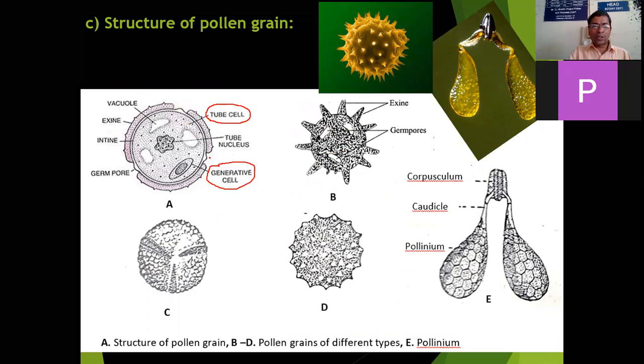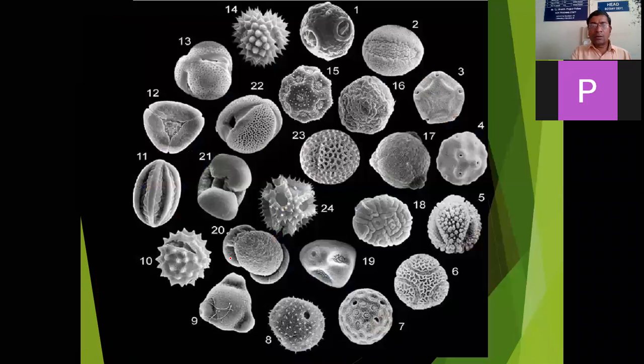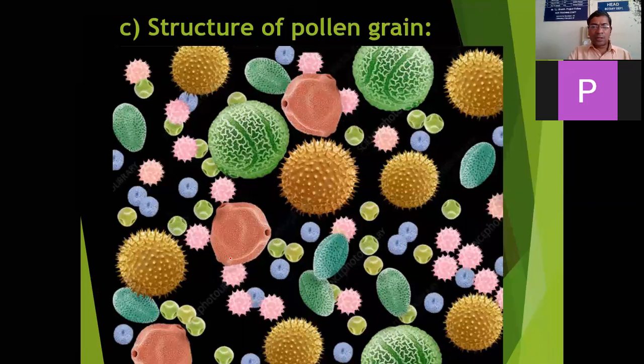Here in this pollen grain also you will observe the presence of three pores. In some pollen grains, for example this one, you will observe only a single pore. This pollen grain possesses three pores, and this one possesses only a single pore.